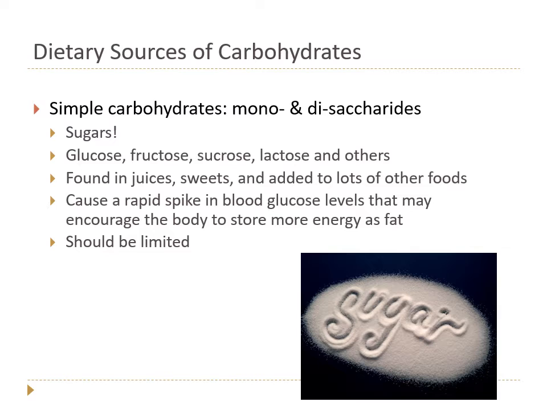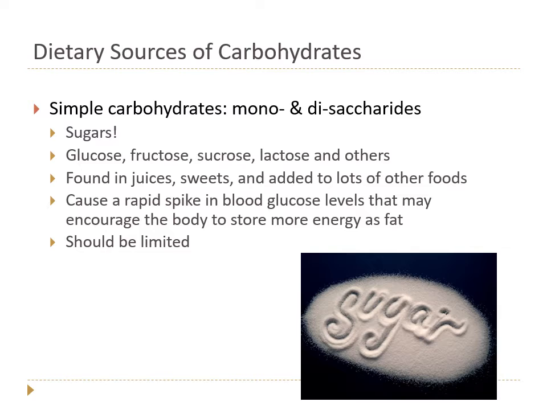And so there's some evidence that having those huge increases in blood glucose levels from ingesting large amounts of simple sugars, simple carbohydrates, might encourage your body to store more energy as fat, and also might encourage your body to have trouble with regulation of blood glucose in the future via insulin. So it might increase your risk for diabetes later on.